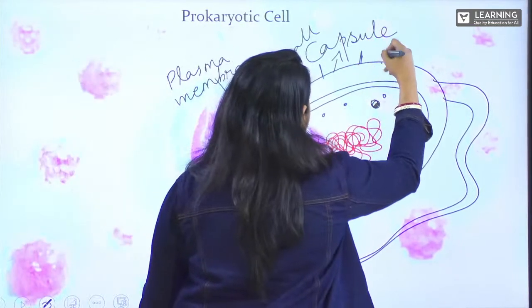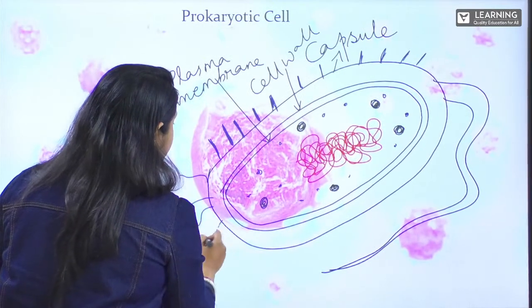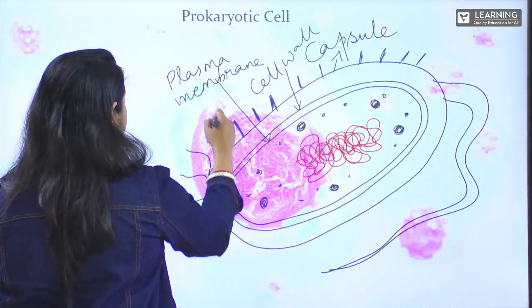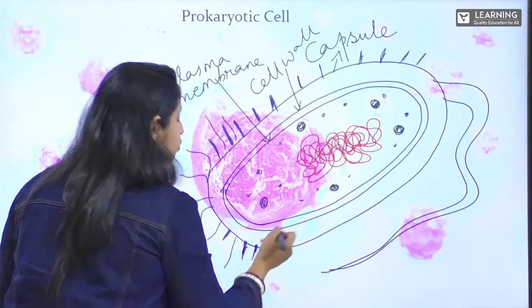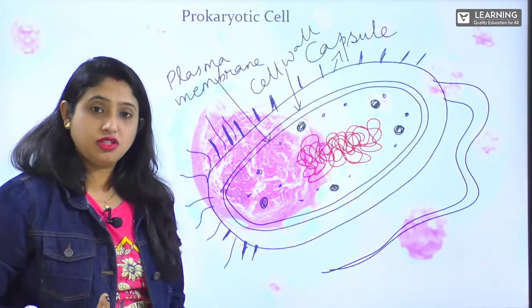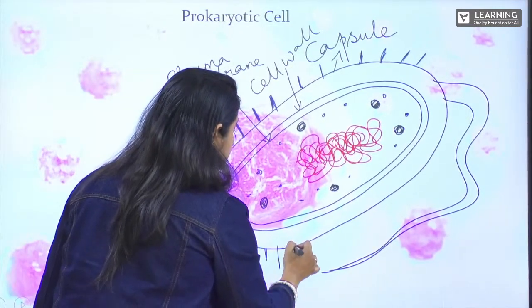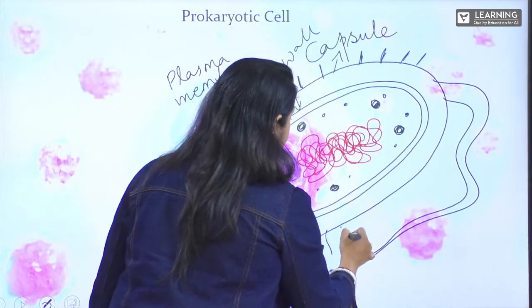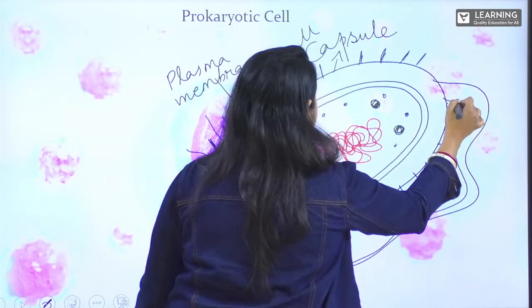So they will have pili. Somewhere you will also find the cilia, in between the pili. The cilia help in the process of movement, locomotion. All the body is covered with pili and cilia, alright?